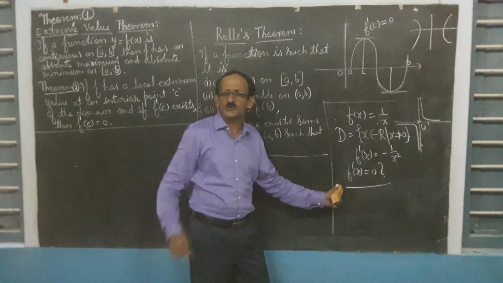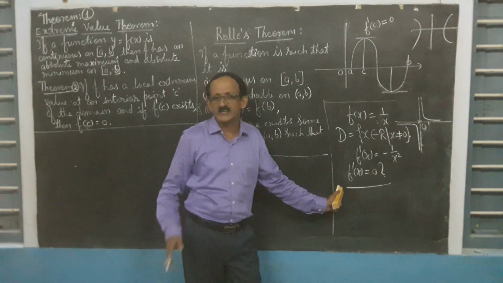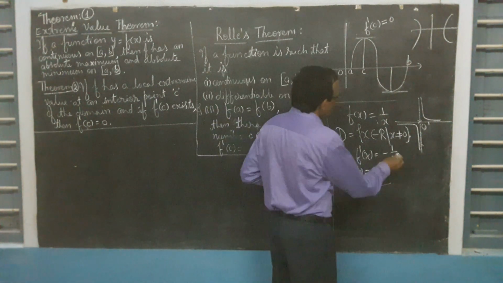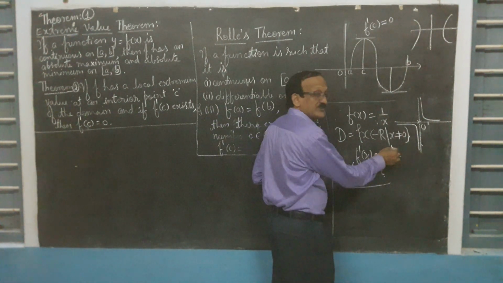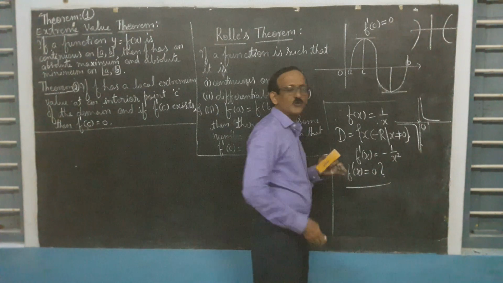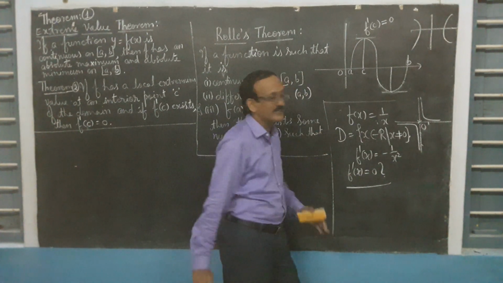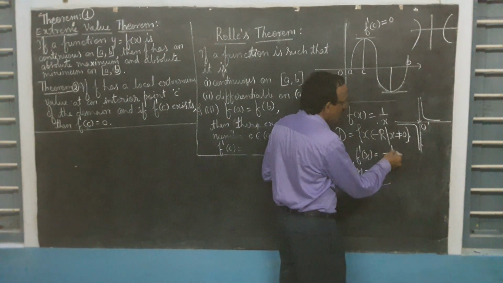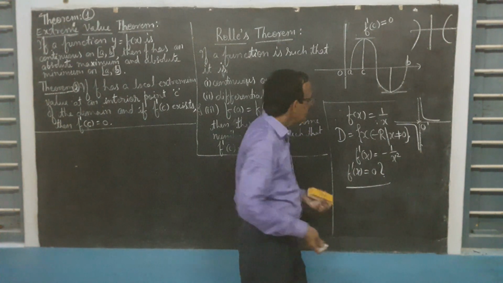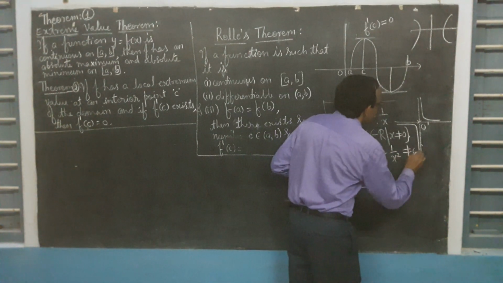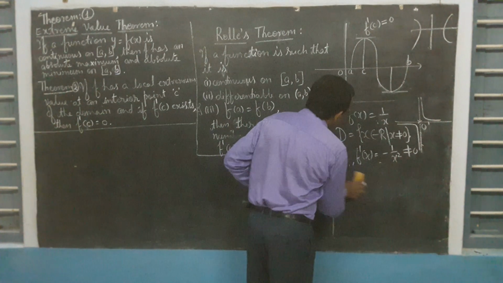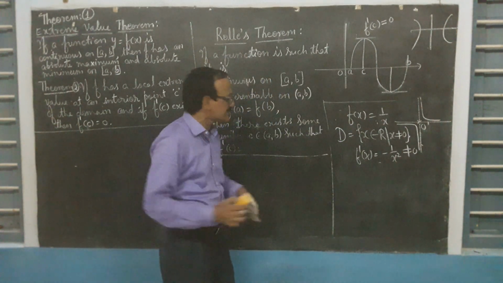Ask the question: can derivative be 0? No, it can never be 0 because numerator is constant. Numerator is fixed, it is equal to 1. Since numerator is 1, 1 cannot be equal to 0. Derivative is never 0. Now, critical points can be found in two channels.